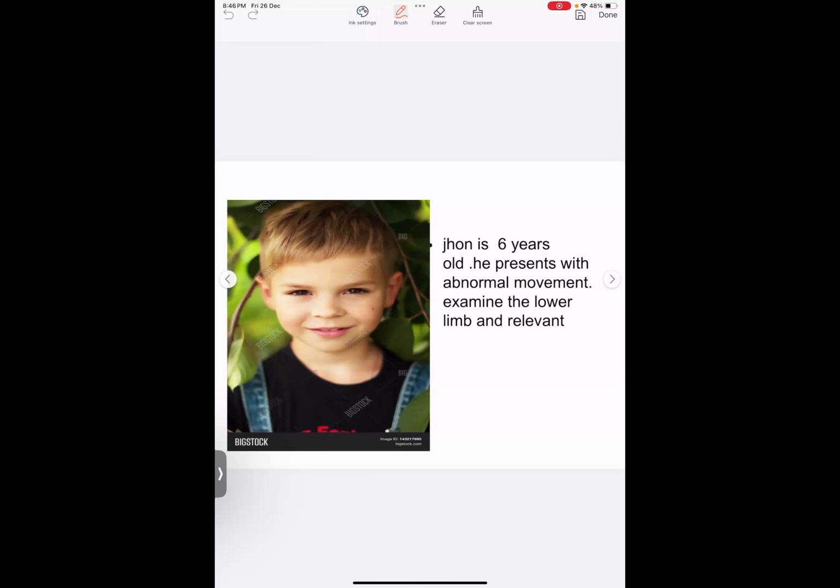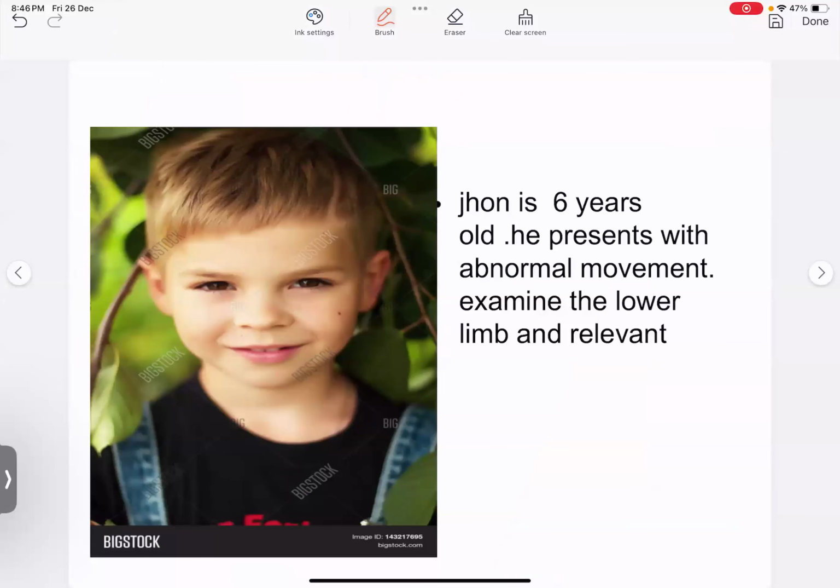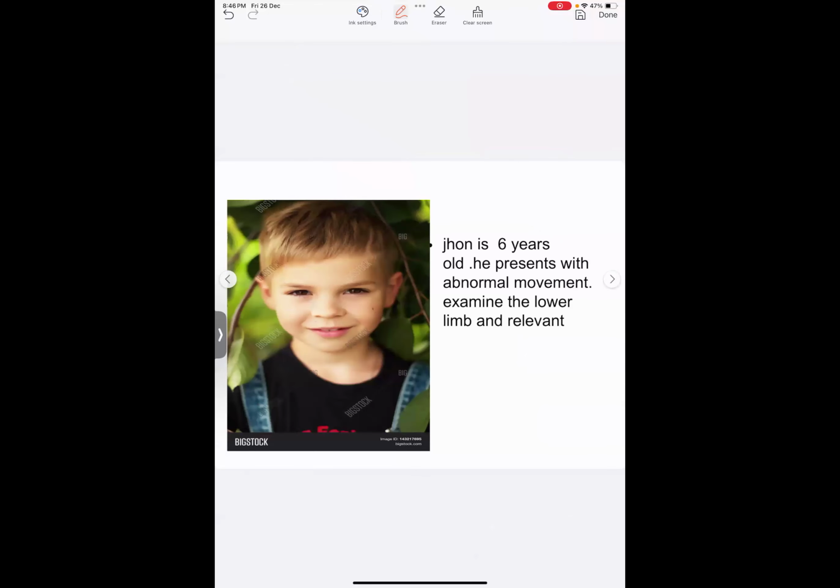Do you suspect John has sickle cell anemia on your examination? Not really. So why would you go for electrophoresis? Because it can cause stroke in some patients. But here I would go for MRI brain or CT scan.